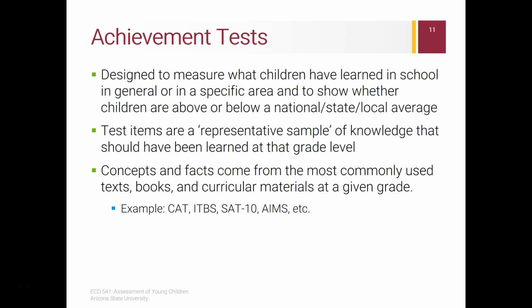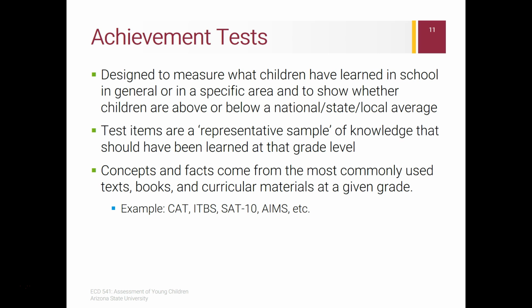Achievement tests are designed to measure what children have learned in school in general or in a specific area, and to show whether children are above or below a national, state, local average. As other norm reference tests, test items for achievement tests are a representative sample of knowledge that should have been learned at that grade level.